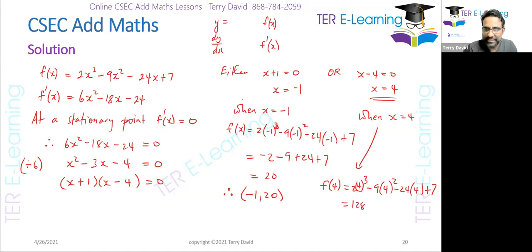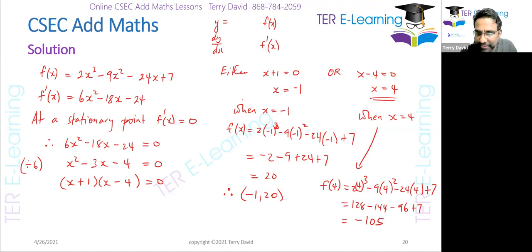And 4 4s are 16 multiplied by 9. You're going to get 144. So this is minus 144, right? And then 24 by 4, that's going to give me minus 96 plus 7. So let us work this out here. So that's 128 minus 144 minus 96 plus 7, right? And I'm going to get minus 105, right?